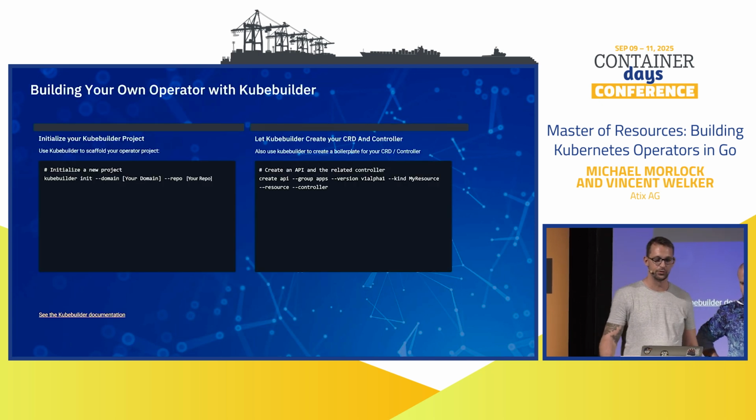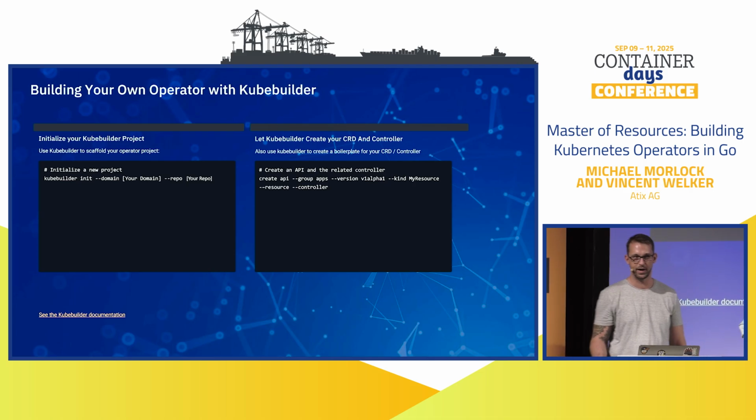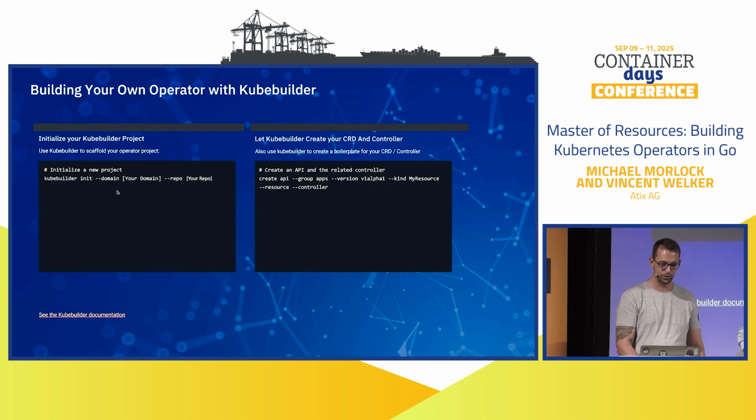I want to show you how to easily create an operator with Kubebuilder, because Kubebuilder is a really powerful tool. You don't need to do that much to create an operator which you can deploy to your cluster. Mainly you have to use 2 commands. First of all, you have to init the project, give it your domain and your repository.